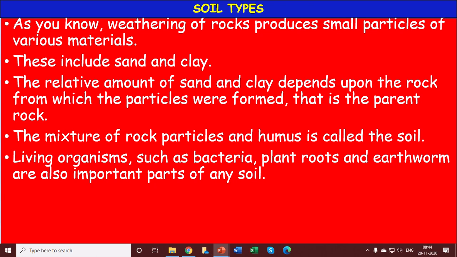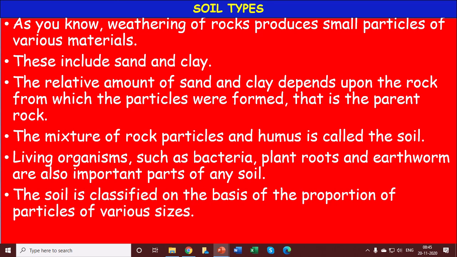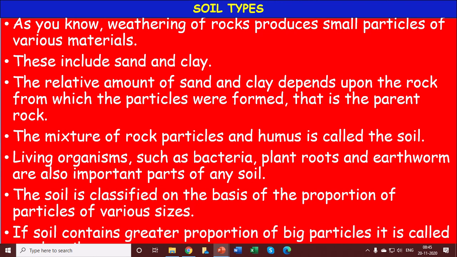Definitely, because humus provides the fertility to the soil. The soil is classified on the basis of the proportion of particles of various sizes. Soil composition depends upon the size of the particles present in it.